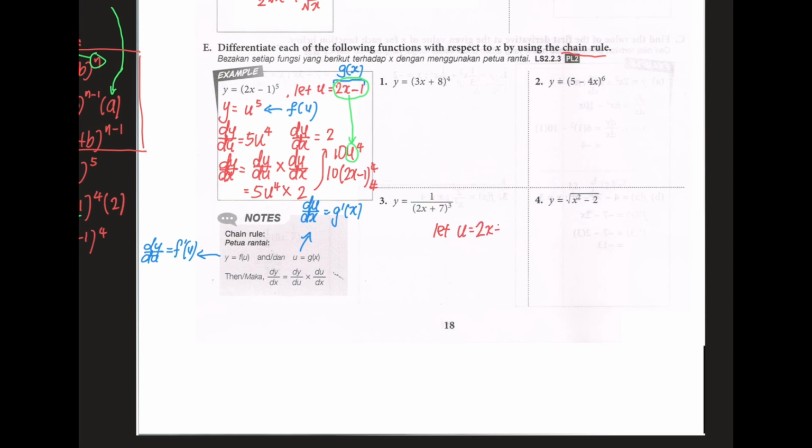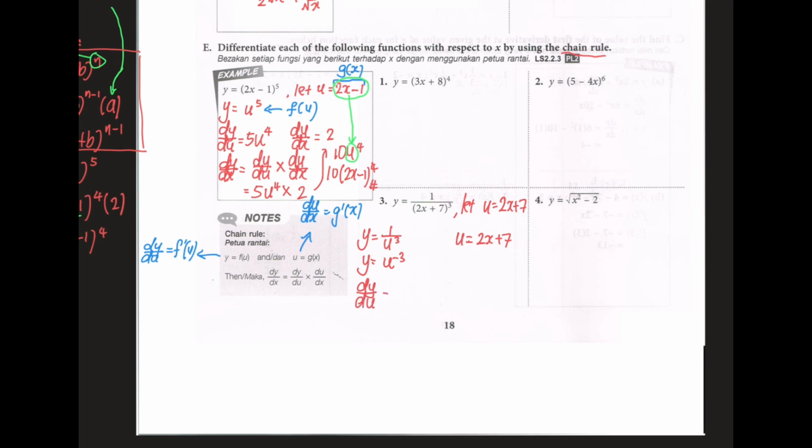Let u equal to 2x plus 7. And then you substitute the u to the bottom, then we get y equal to 1 over u cubed. u equal to 2x plus 7 is the second equation. So now we have 2 equations.